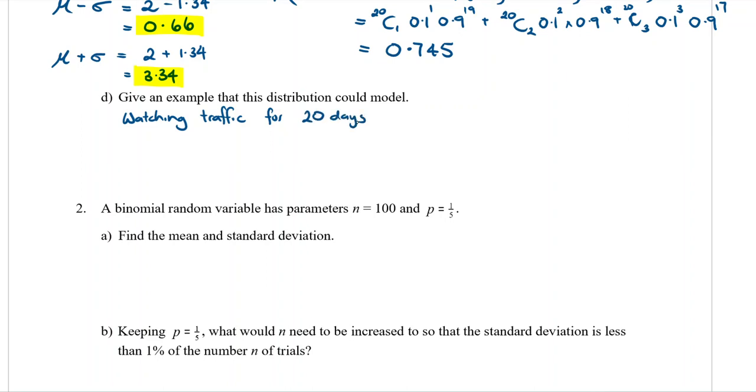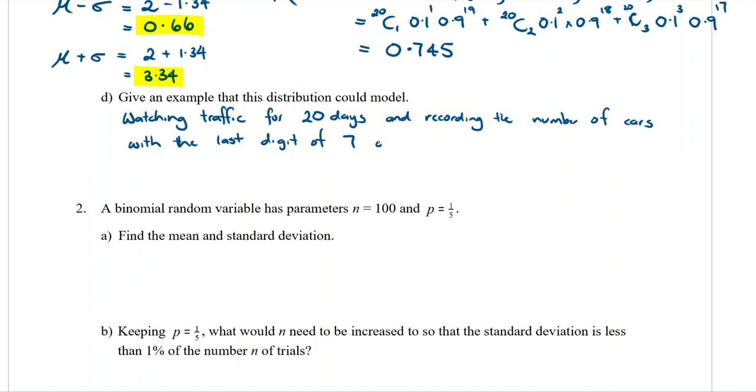Okay, recording the number of cars with the last digit of 7, or any number really, because any single digit number is a 1 in 10 chance, which is why that's my 0.1, my probability of success, right?